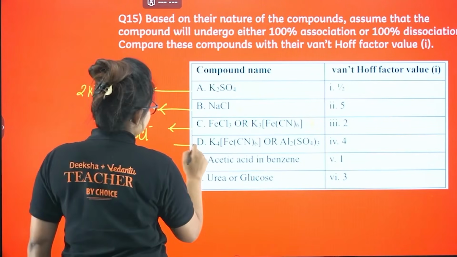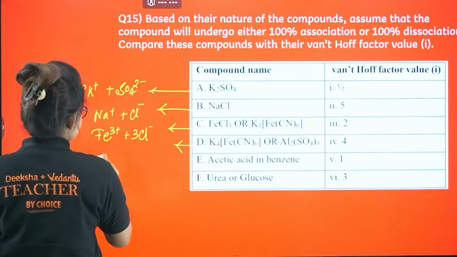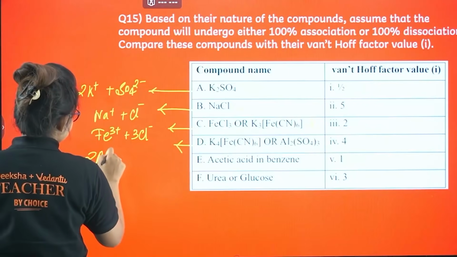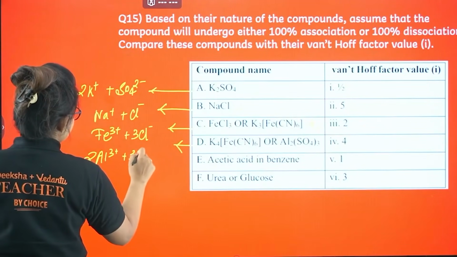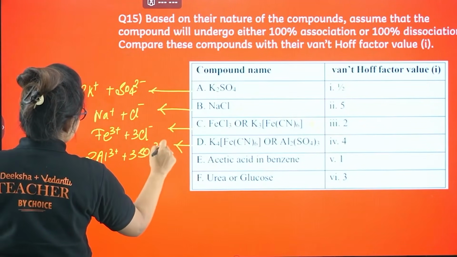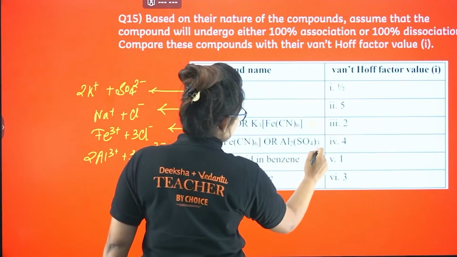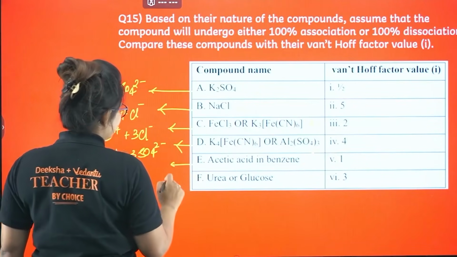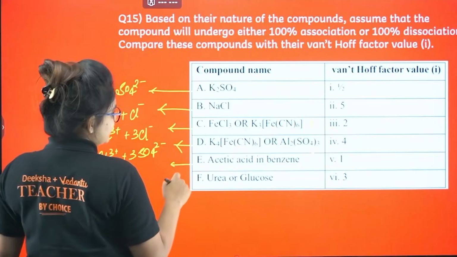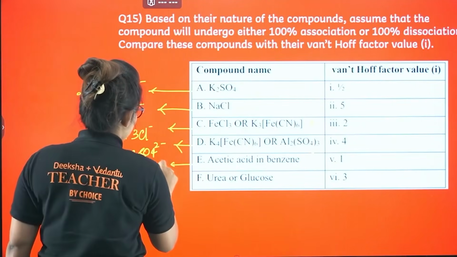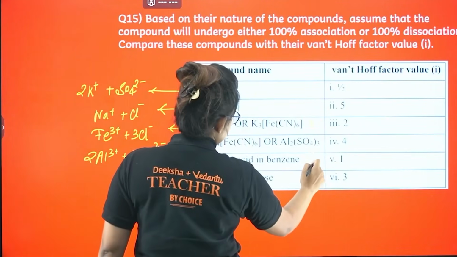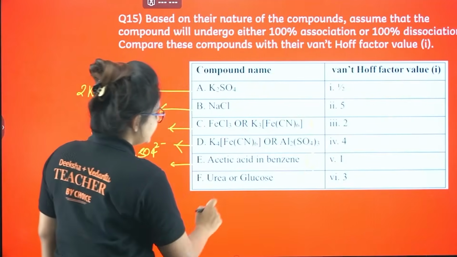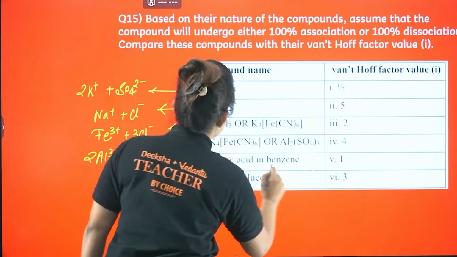Aluminium sulfate, let's break it down in this case: 2Al3 plus and 3SO4 2 minus. How many ions? In this case you are getting 5 ions. Acetic acid and benzene, they will dimerize. For dimerization we will get half. I'm directly writing it, we will get half. Urea and glucose will not dissociate, hence 1.